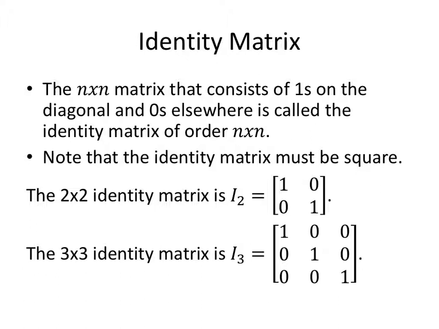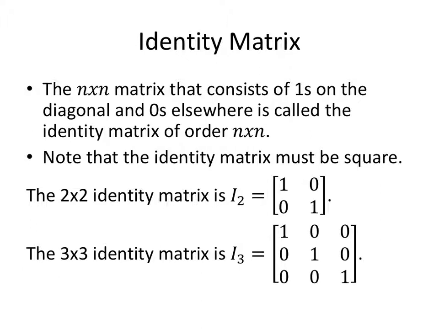And finally, we need this concept of an identity matrix for some of the future stuff we're going to do. An identity matrix, first of all, is always square. The n by n matrix, n by n meaning the number of rows is equal to the number of columns, consists of 1s on the diagonal and 0s elsewhere. So it looks a lot like that reduced row echelon form that we talked about in section 8.1, matrices with systems of equations.